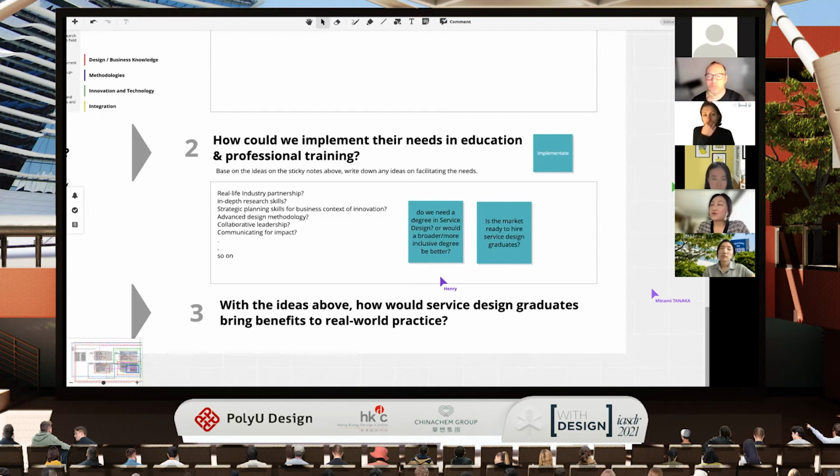But we also need to educate the public about the value of service design, as well as promote how service design can be differentiated from the other existing disciplines.